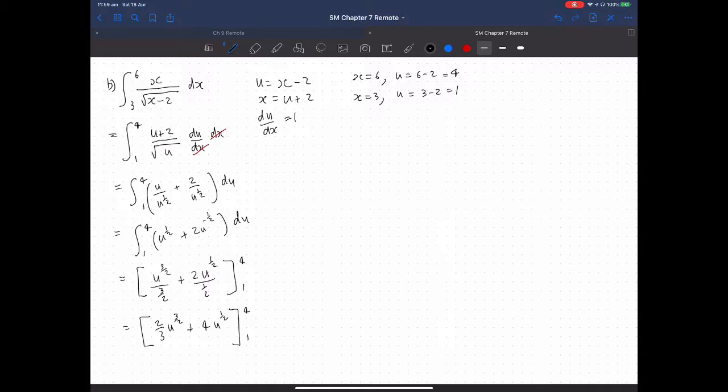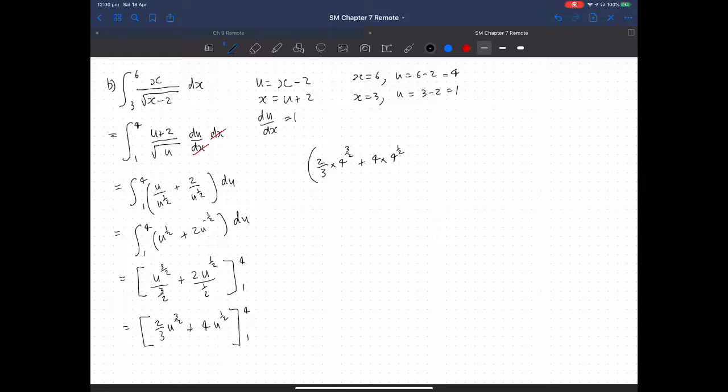Now we're ready to substitute in our terminal values. We have substituting in u equals 4, 2/3 times 4 to the 3 on 2 plus 4 times 4 to the 1/2.